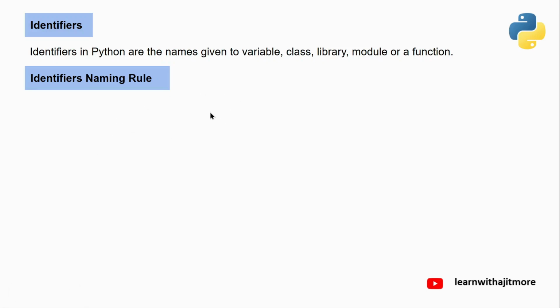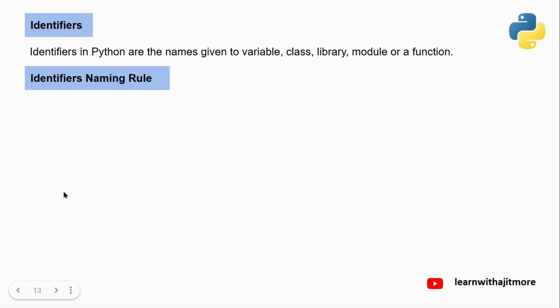So now whoever has designed Python, they have decided some naming rule. And the programmer has to follow that naming rule. If the programmer is not following the naming rule, your Python interpreter will give an error, invalid identifier. So you can give any name, but it should fit into those rules.